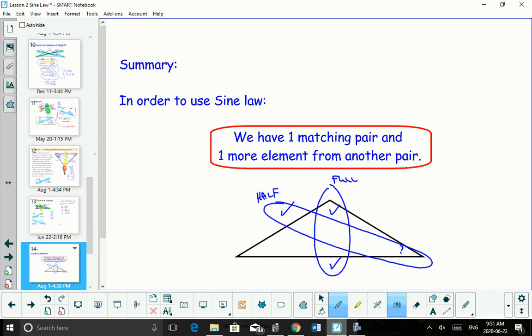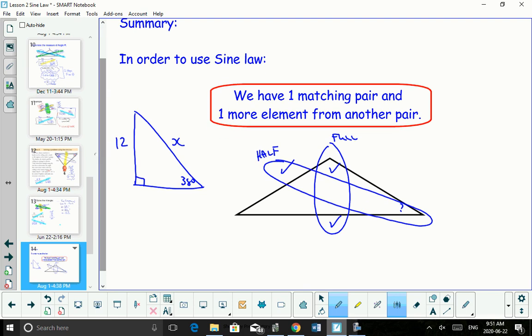Okay. Now again, it does work with sine law. It does work with a right angle triangle. So if I just did one here really quickly, actually, let's say this is 38 degrees. Let's say this is x. Let's say this is 12. Okay. So what you would do for sine law on this is that here's your one full pair. Here's your half.